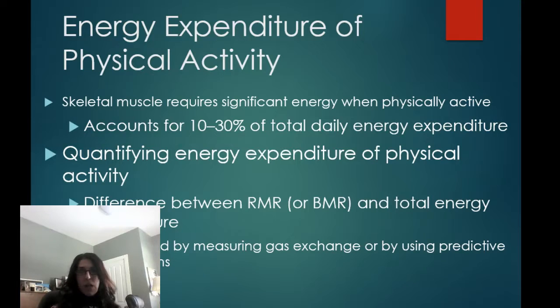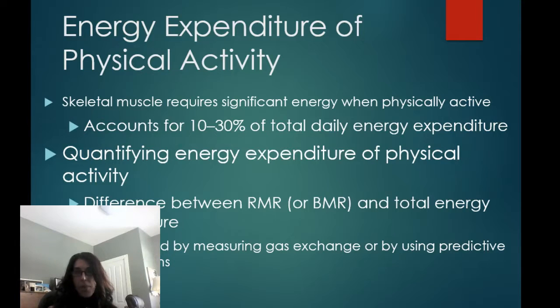And when you quantify the energy expenditure of physical activity, you're looking at the difference between the RMR, so your resting, or your BMR, your basal metabolic rate, and how much you spend total for the day. That difference, and again, we're back to gas exchange, which is why I told you to make friends with a respiratory therapist. If you really want to do it precisely, again, that's in a university lab or a research facility.